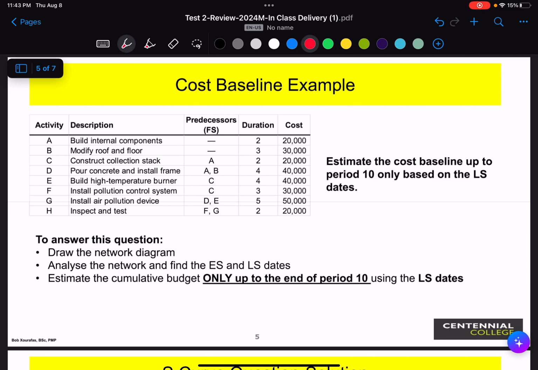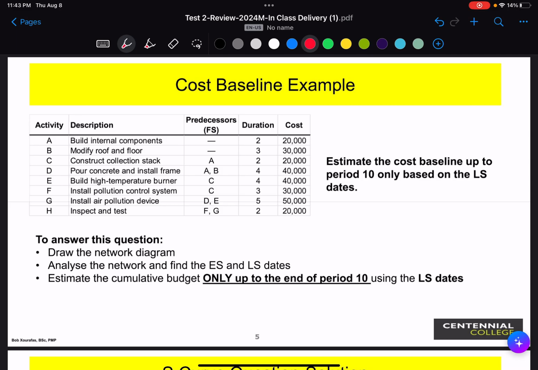So basically, the question requires an understanding of sequencing of activities and coming up with a network diagram, and analyzing that network diagram to get the early start date as well as the late start date.